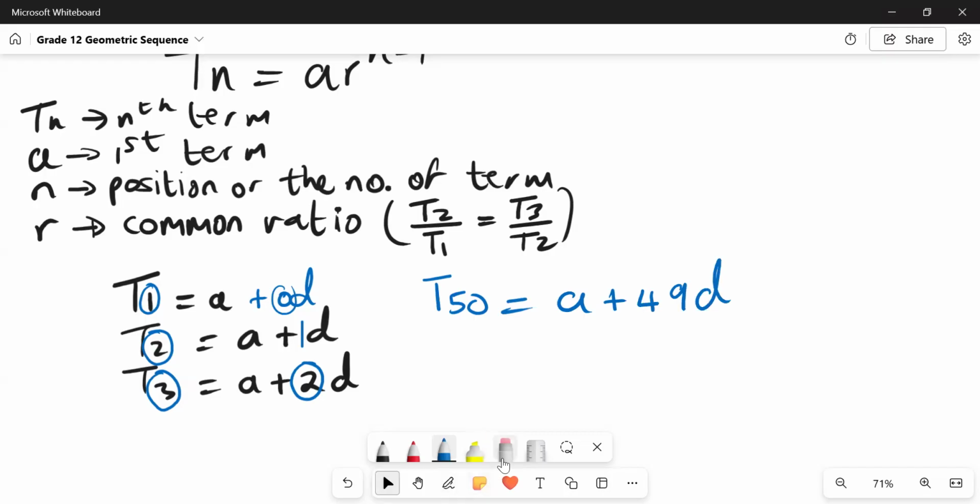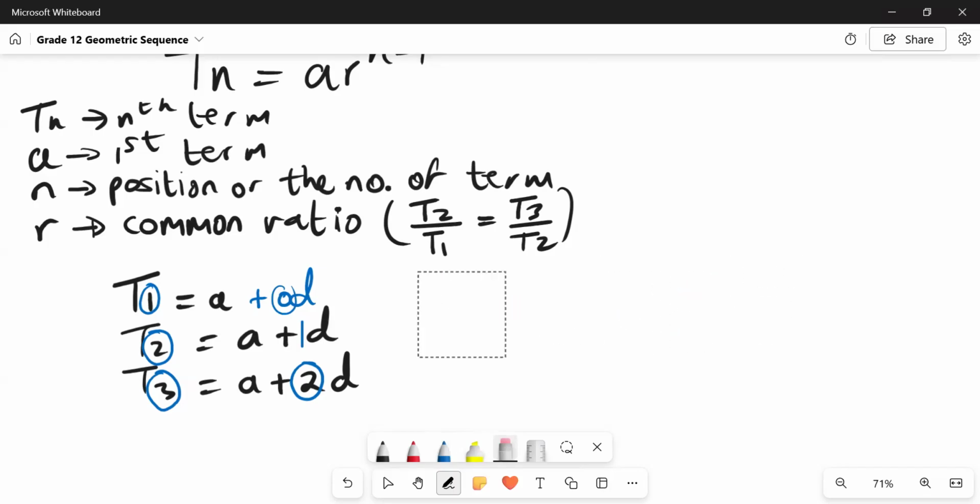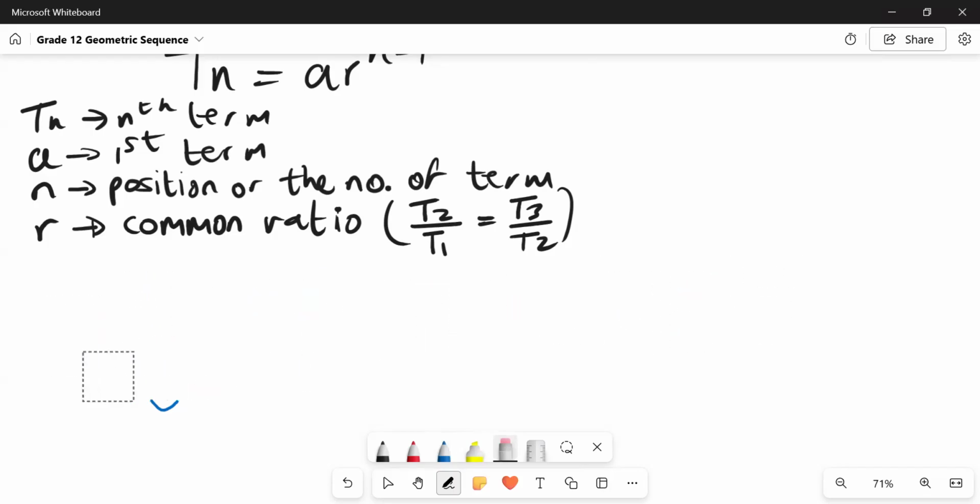So what happens when we start to express our geometric terms? Again, we use the general formula Tn equals A R^(n-1), right? Now let's try and substitute 1 in place of n.